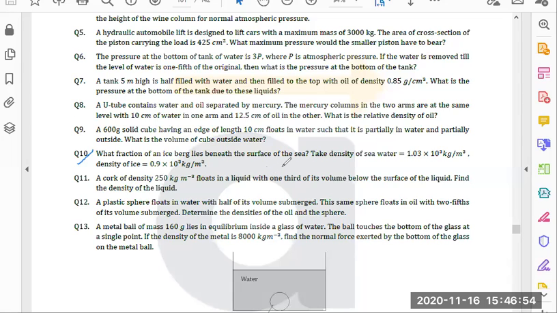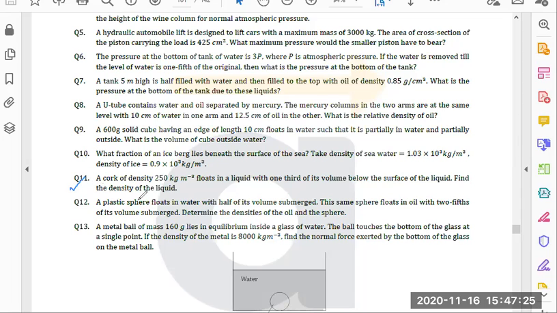I hope all of you remember, right? That this mass will be what? rho1 v1 g is equal to rho2 v2 g. Okay, right? Tell me, yes? Mass of the ice is equal to mass of the what? Water displaced. Okay, right? So we can just take the ratio and calculate. g g will get cancelled. Okay, very good.